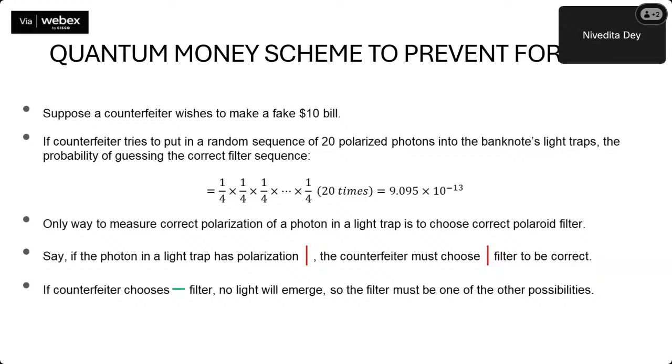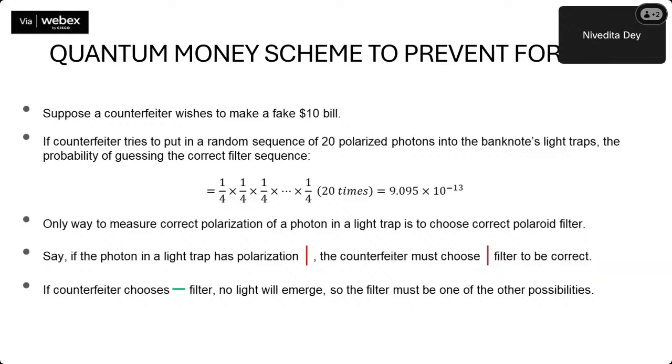If the counterfeiter tries to put a random sequence of 20 polarized photons into the banknote's light traps, the probability of guessing the correct filter sequence will be 1 by 4. Out of 4 bases, I can choose any one, so 1 by 4 times 1 by 4, likewise, that is taking place 20 times.